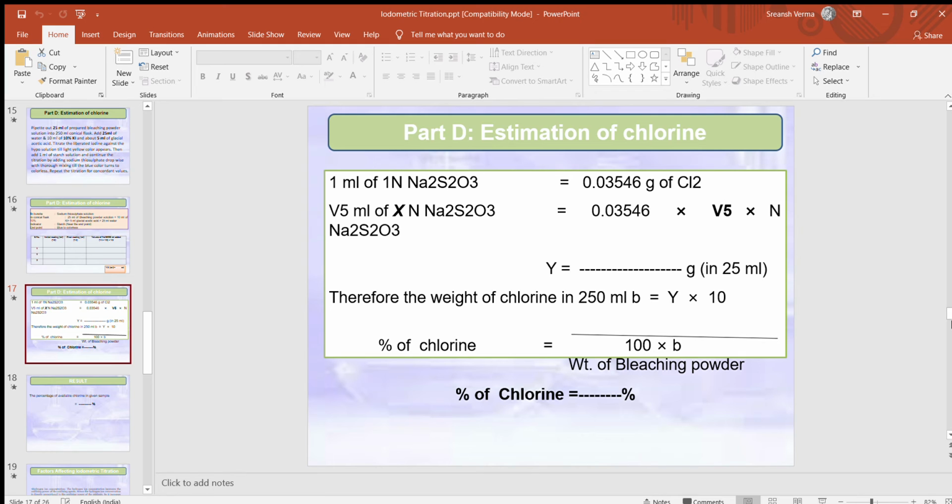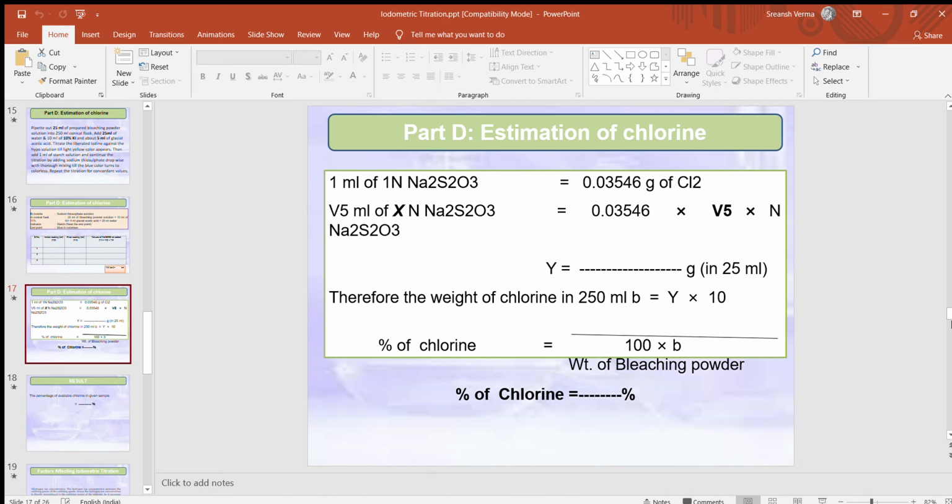We will put this volume V5 and multiply it by the normality of hypo, which you have already calculated before. So take the value of 0.03546 into volume V5 multiplied by the normality of hypo. You are going to get the value Y, which is actually present in 25 ml. You need not divide it.